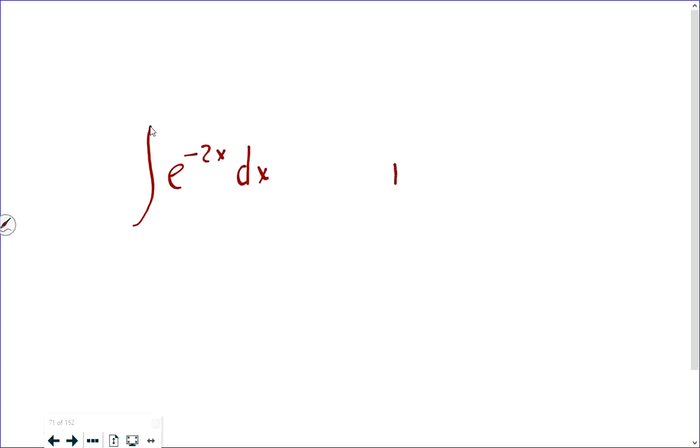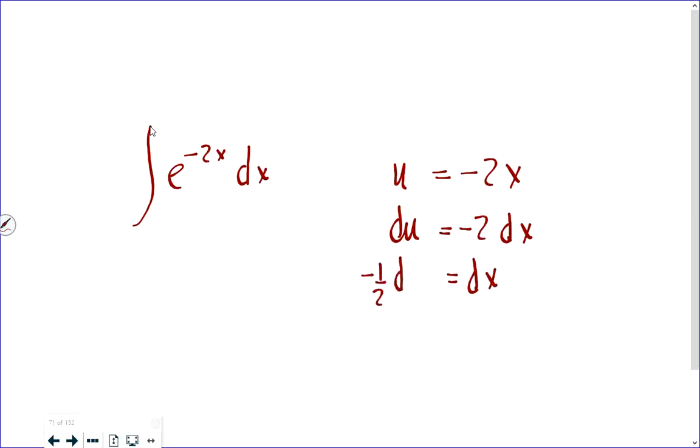I'm going to choose u as negative 2x, which means du is negative 2 dx, which means dx is negative 1/2 du. So when I do my substitution, the e to the negative 2x becomes e to the u.